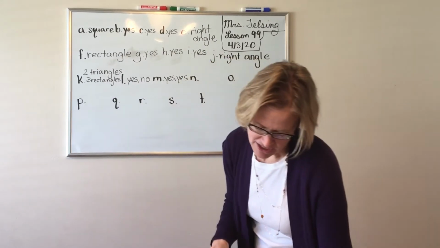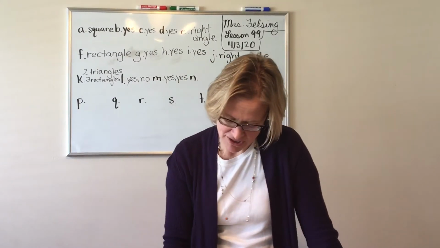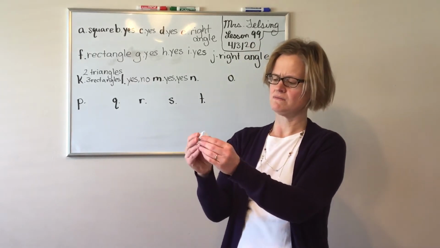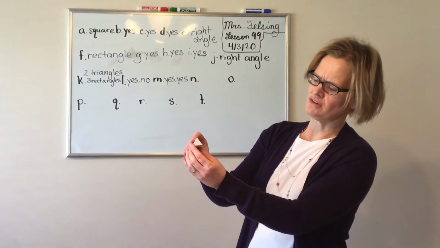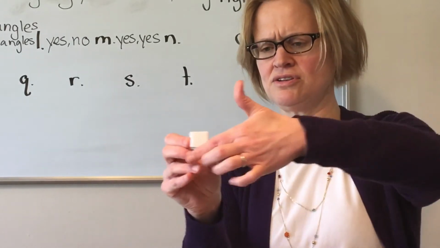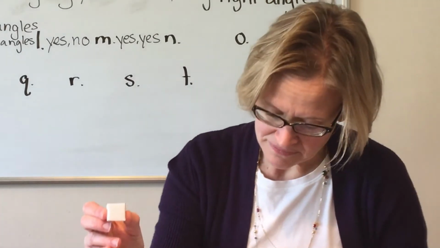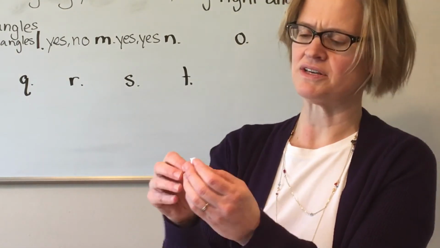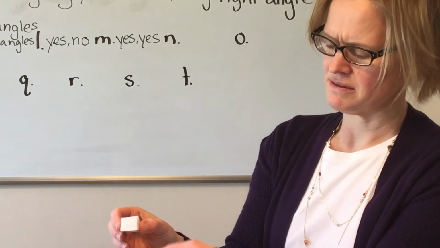For letter N, do you find pairs of edges that are parallel? Well, let's look. If we take a look at the rectangular faces, here's an edge, so yes. Do you find edges that are perpendicular, that cause a right angle?